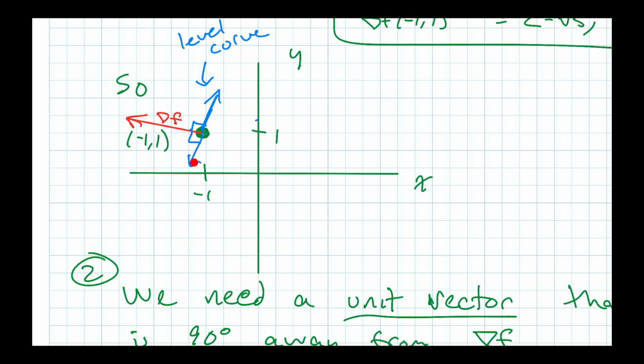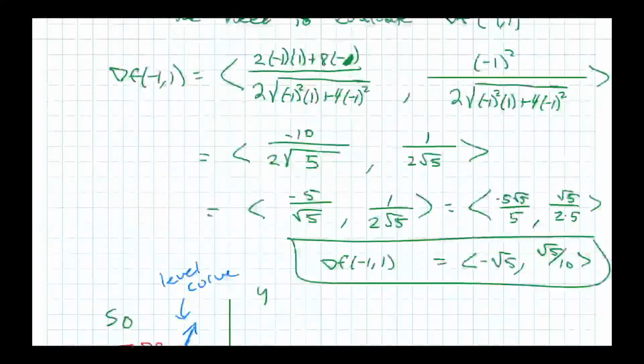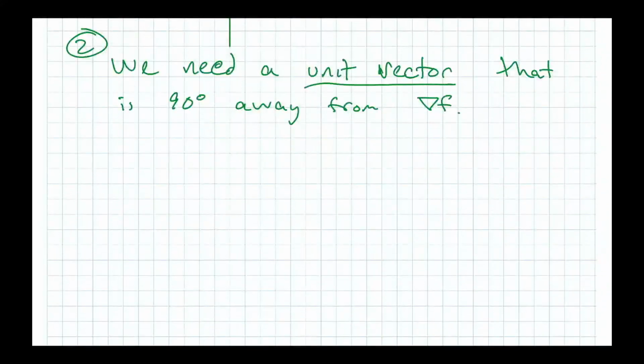Doesn't matter which one. So does that make sense, right? You calculate the gradient that's away from the level curve. They want the direction of the level curve. That's what they mean when they say tangent to the level curve. So we need a unit vector that is 90 degrees away from grad f, so that it is tangent to the level curve.